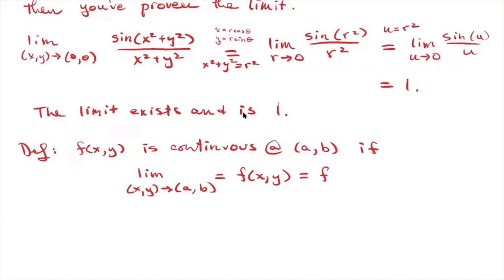Oops, that should not have an equal sign in front of the f of x y. Okay, so this is equal to f of a b. So basically this is just saying you can evaluate a limit by just direct substitution for continuous functions.